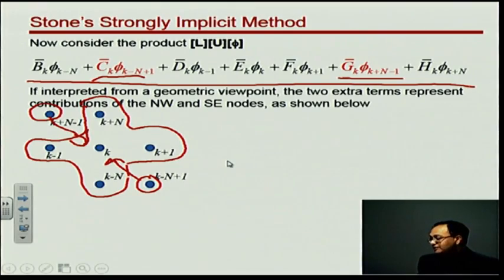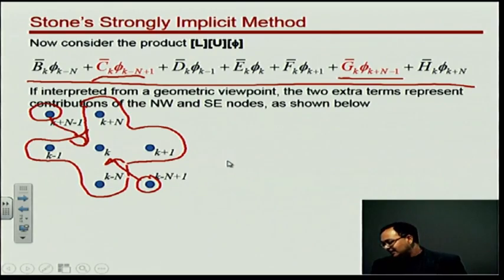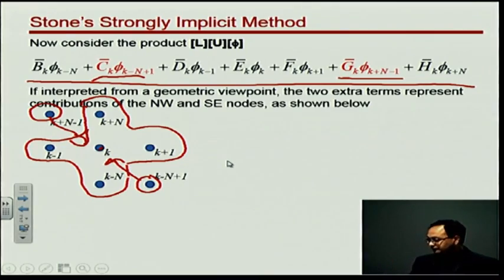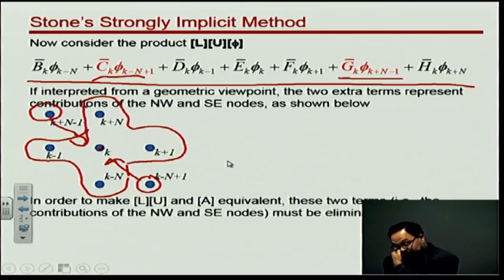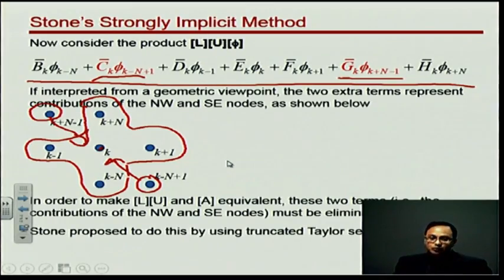So now Stone said, well, if these nodes are now influencing that node, how can I get rid of those nodes? So he thought about how can I eliminate that northwest and southeast nodes, and he said, well, one of the ways to do it would be to use a Taylor series expansion. I can approximate the value of phi k minus n plus 1 in terms of perhaps phi k and phi k minus n and phi k plus 1.